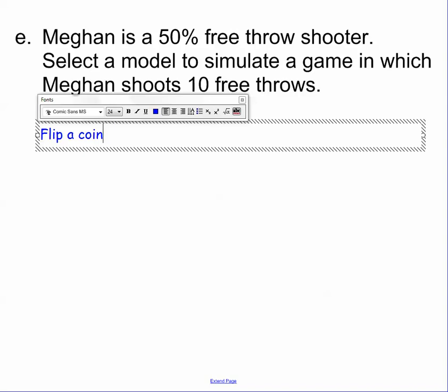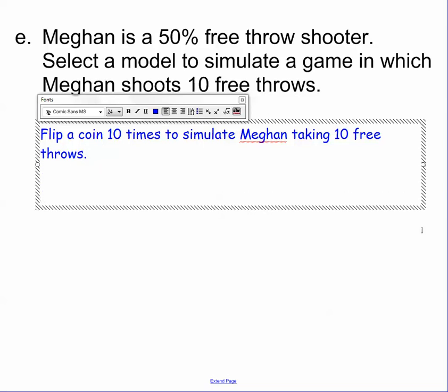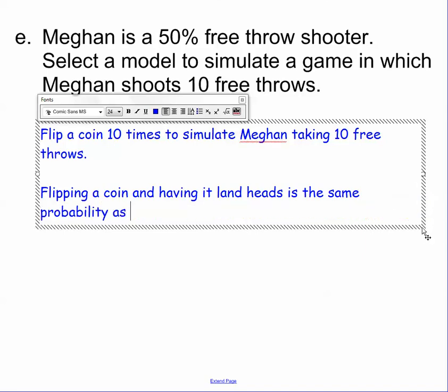Flip a coin 10 times to simulate Megan taking 10 free throws. Flipping a coin and having it land heads is the same probability as Megan making a free throw.